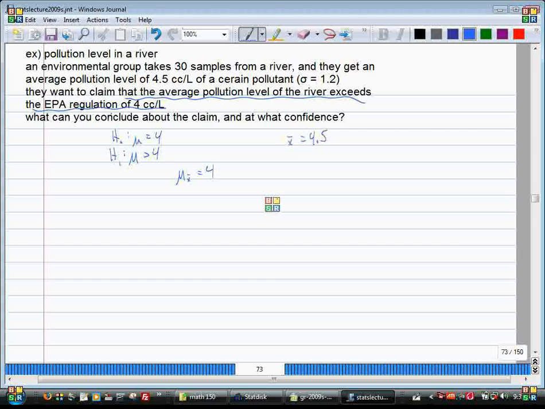Right, and the notation, what's that called? Sigma for x bar. And what is sigma for x bar? So in numbers, what is this going to be? 1.2 divided by n, which is 30.